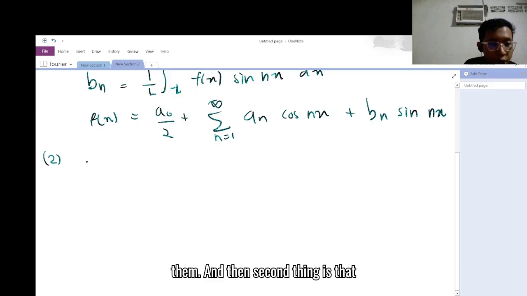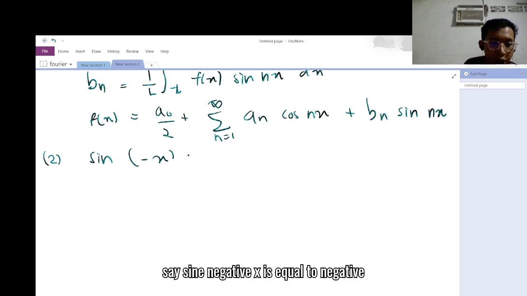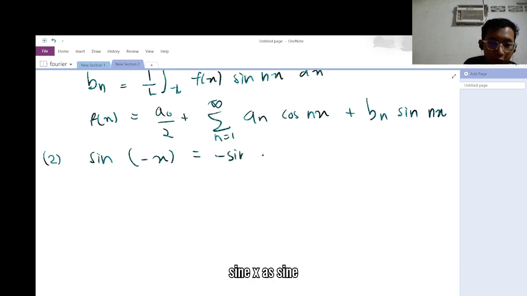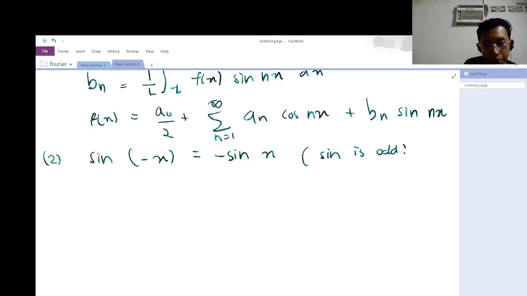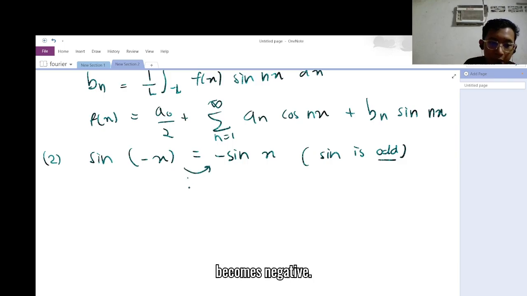And then the second thing is that sine of a negative function, let's say sine negative x, is equal to negative sine x, as sine is odd. You remember odd, it becomes negative.